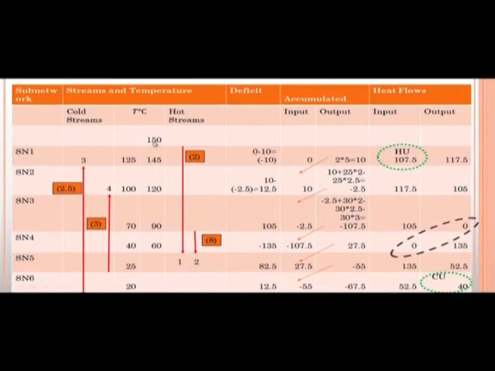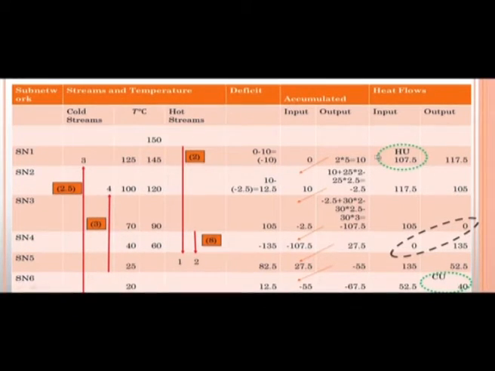The temperature difference is 5 degree and the heat capacity rate is 2. So, 2 into 5 is 10. So, the deficit this subnetwork will have is equal to input minus output. There is no input. So, it will have a minus 10 unit of deficit.